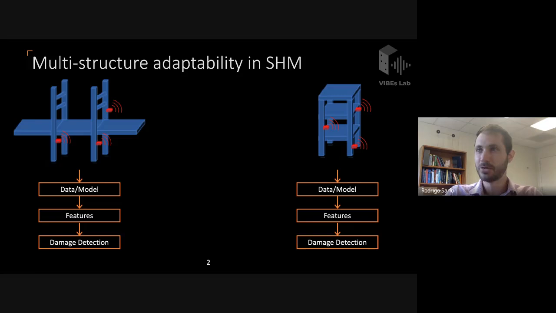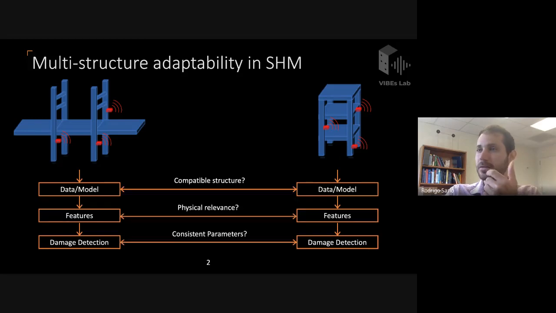But the way you generally go about this is, for each structure, you would design a data acquisition system, extract and organize the data or models associated with the data, such as finite element models, extract informative features from that data, and then design a damage detection system on those features.